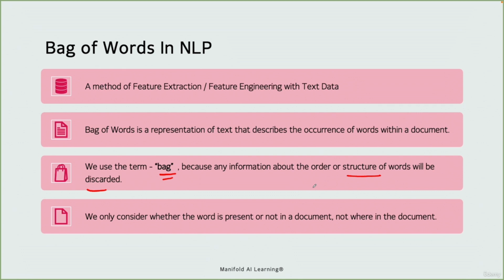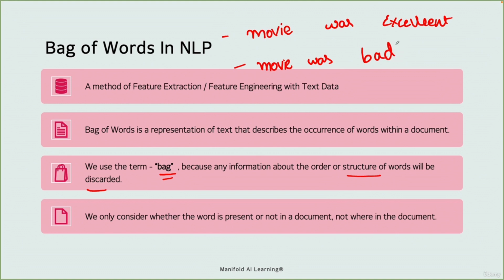To give you an example, let's say I've got text data of a positive review that says, "Movie was excellent," and another text that says, "Movie was bad." In the scenario of bag of words, if I've got a collection of words, irrespective of how the words are being used, I'm going to classify on the basis of occurrence, not where it is present in the document.